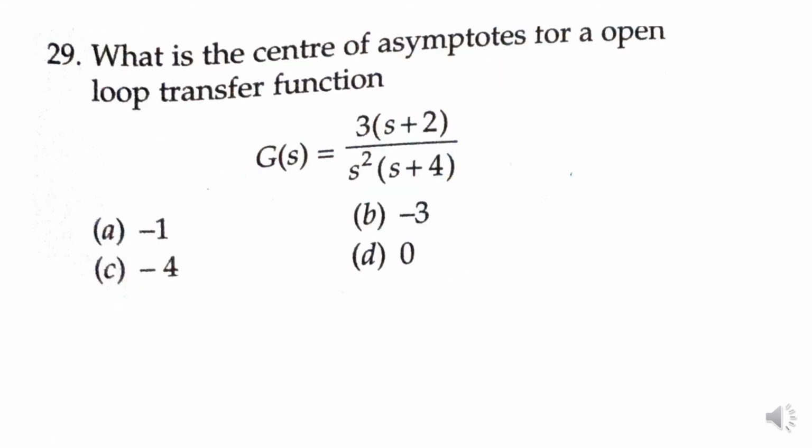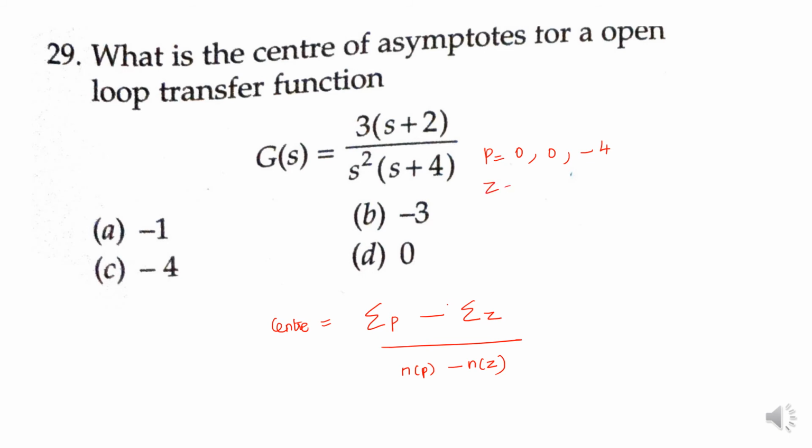Next, what is the center of asymptotes for an open loop transfer function? That is the centroid. The centroid is the summation of poles minus the summation of zeros, divided by the number of poles minus the number of zeros. How many poles here? 0, 0, minus 4. How many zeros?